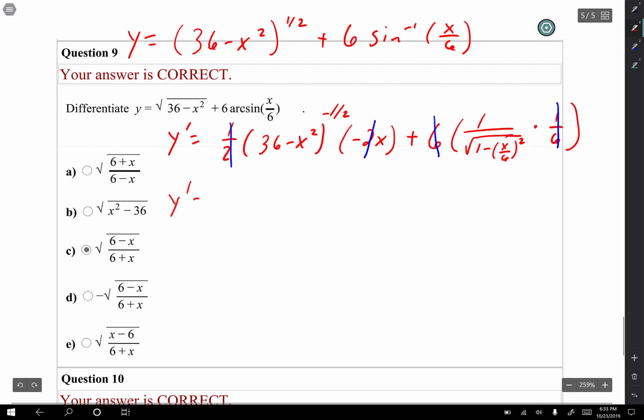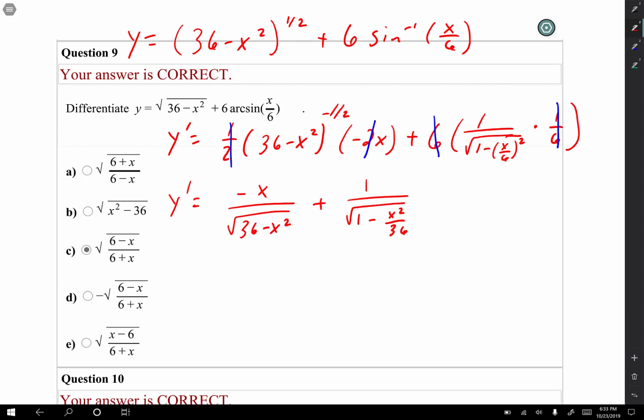So now here's what I have. Y prime is equal to negative x over the square root of 36 minus x squared plus 1 over the square root of 1 minus x squared over 36. Now, at that point, you see all the answers and you're crying, or you're not crying. You're looking at it and you're like, how am I going to get that to look like that?